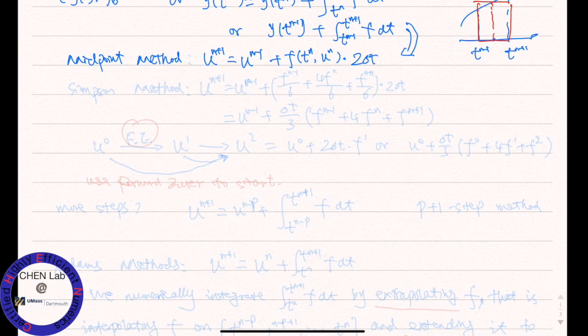So think of area and numerical integration. You take the height, the midpoint value, multiply by the width. Well, the width is 2 delta t. Okay. Questions?